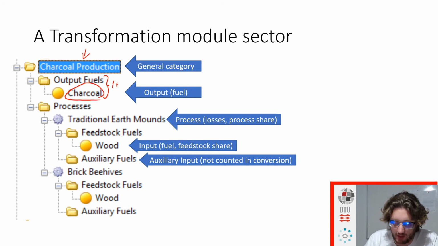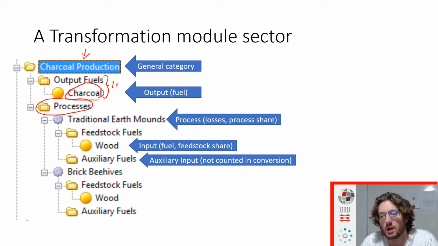Then you will also automatically have a folder called processes. And as it suggests, you can have a number of processes. This is especially relevant in something like electricity generation or district heating generation, where we have multiple processes that can have the same secondary fuel output.